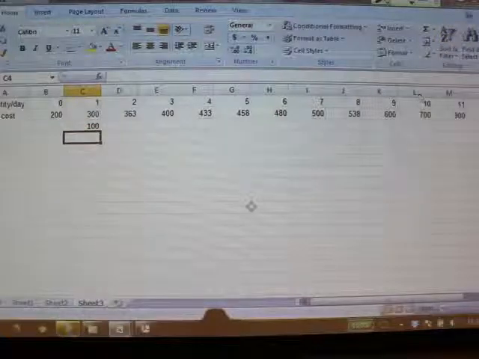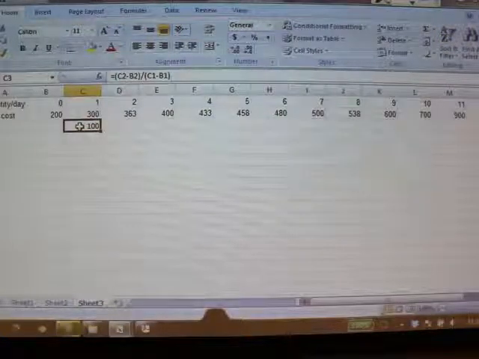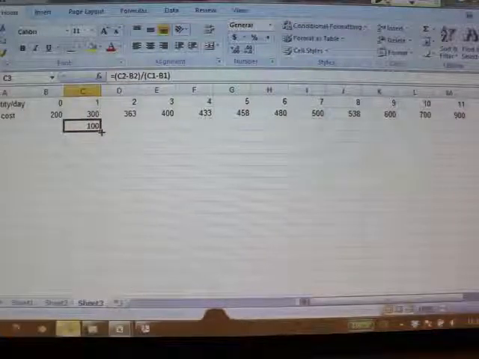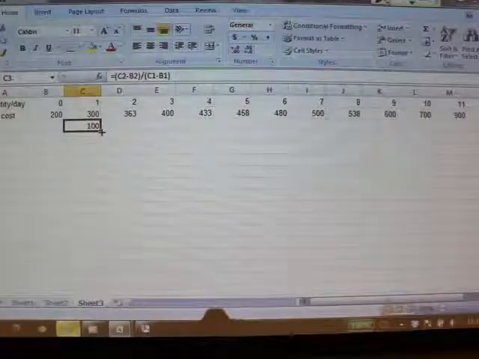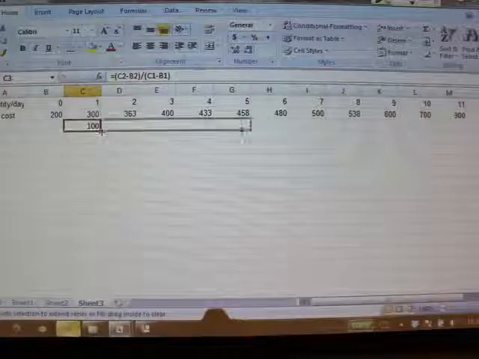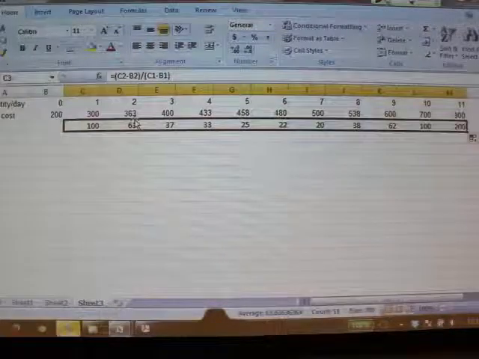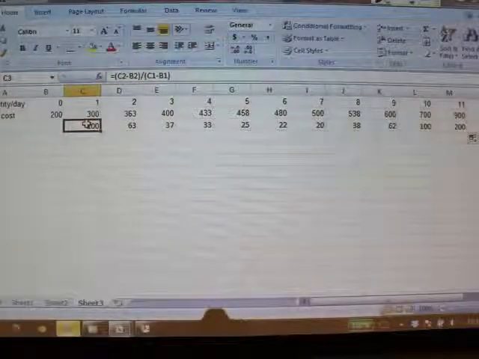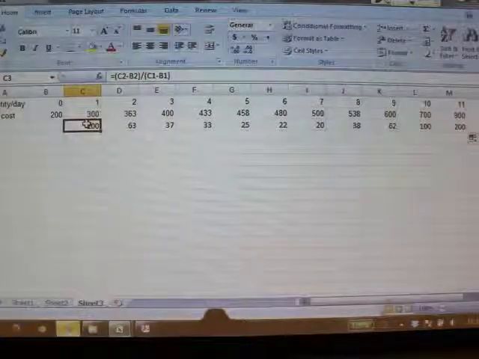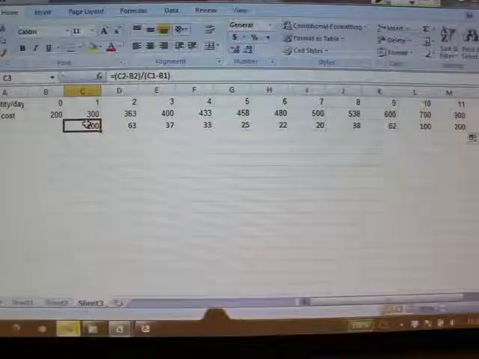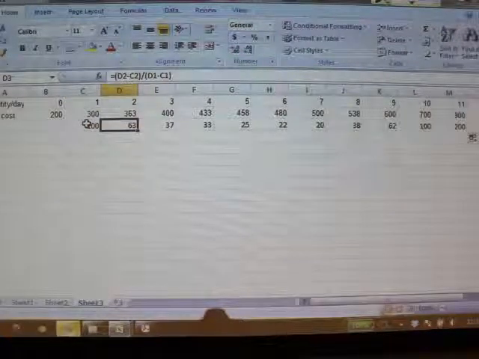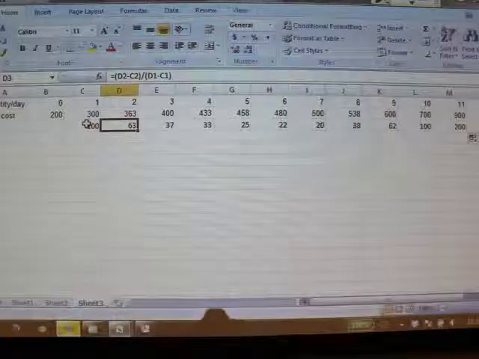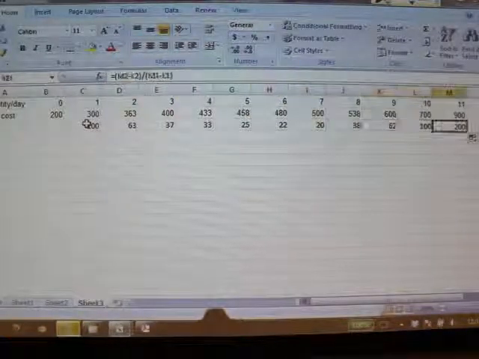Here is a handy thing about Excel, however. Once you type that in, you put your cursor on the bottom right corner until you get this little black cross. Hold down the left mouse button and drag it over, and look what happens. This formula, C2 minus B2 over C1 minus B1, Excel knows that you want it to update. So in the next cell, you have D2 minus C2 divided by D1 minus C1. And so it will automatically calculate everything for us.